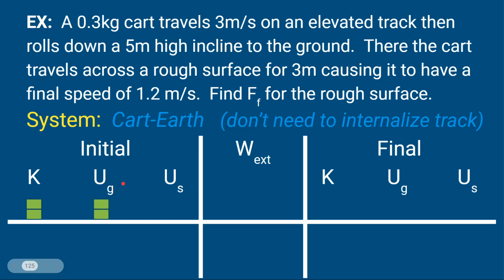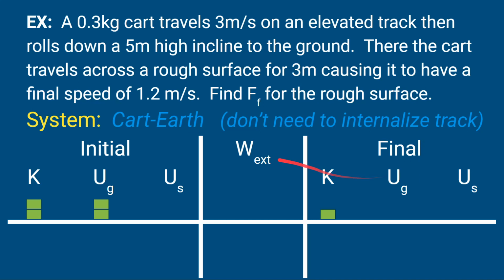There is no mention of a spring or anything elastic, so my total initial energy is kinetic plus gravitational potential energy. At the end of this scenario, it says that the cart is still moving. It's on the ground because it says to the ground right here, and it's still moving 1.2 meters per second, meaning it still has some kinetic energy, but it has lost that gravitational potential energy that it started with.